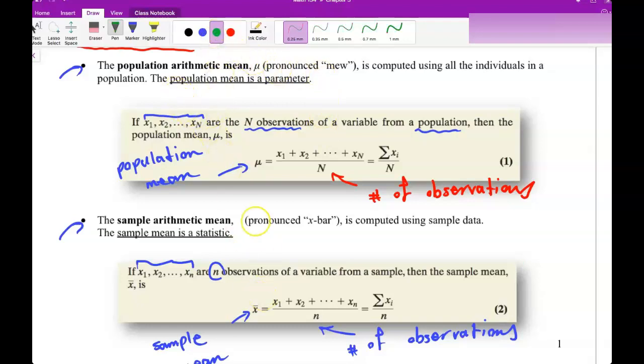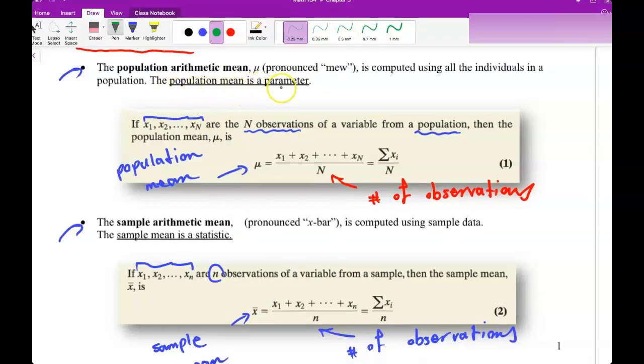Okay, one more thing to cover for each one. The point is that the population mean is a parameter, and the sample mean is a statistic. A parameter is a numerical summary of a population.